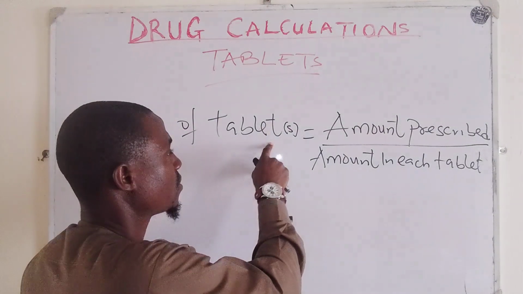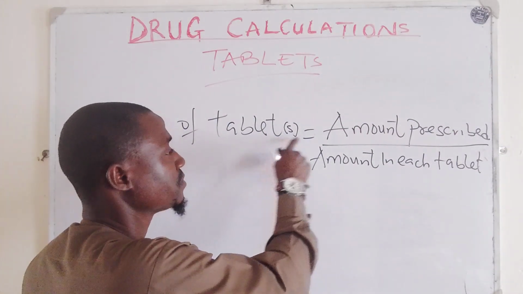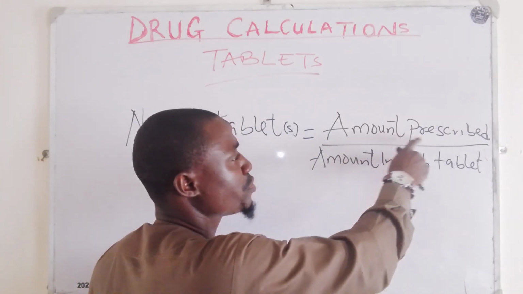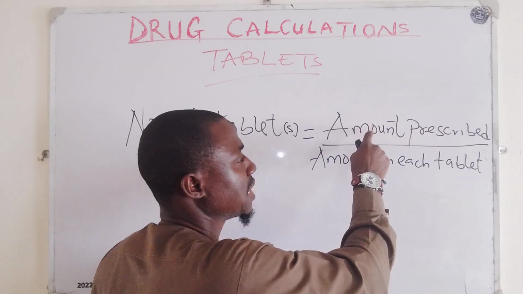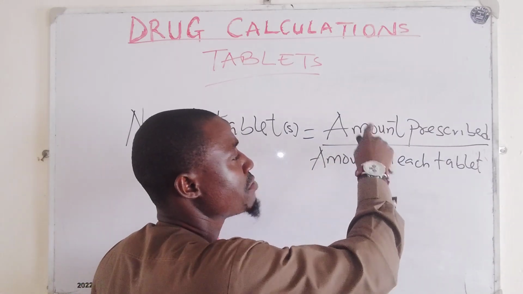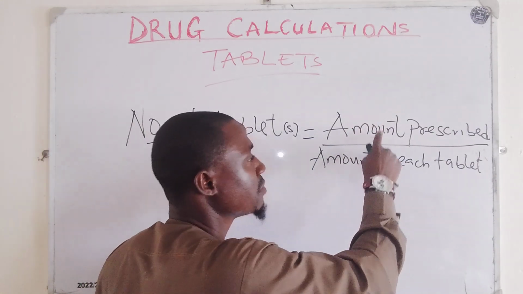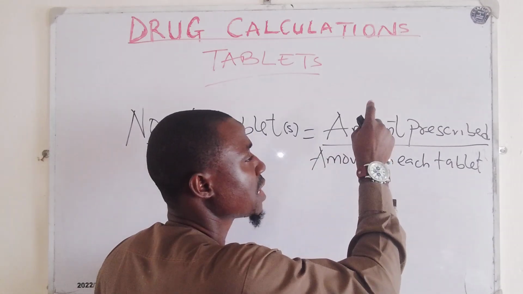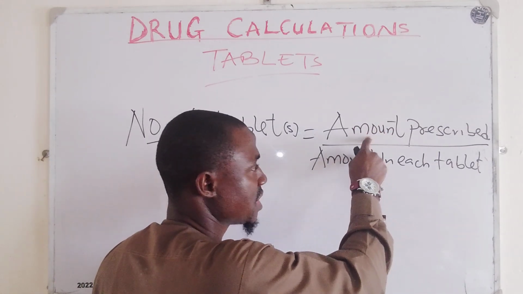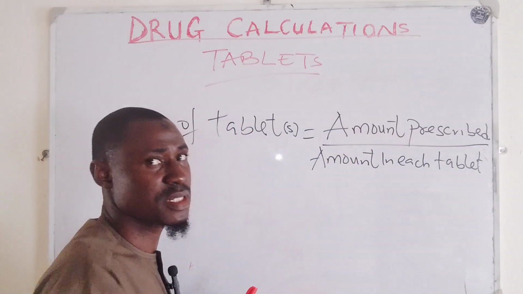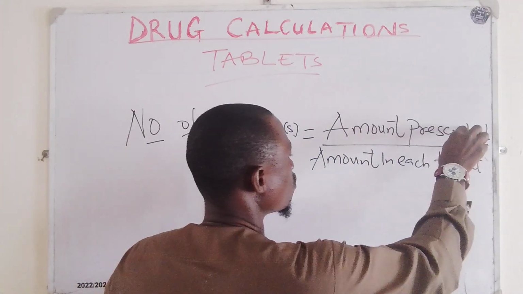Number of tablets is equal to amount prescribed. This amount prescribed is the amount of the drug that has been prescribed. It can be 1000 milligram, it can be 500 milligram, it can be 2 microgram, it can be anything. But this amount is what has been prescribed for that patient to take.